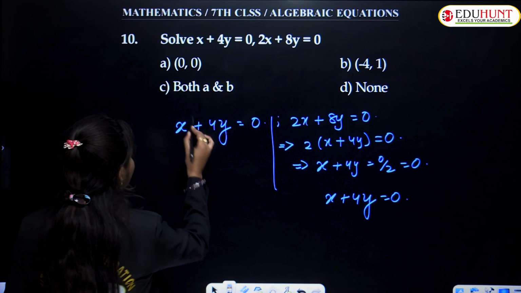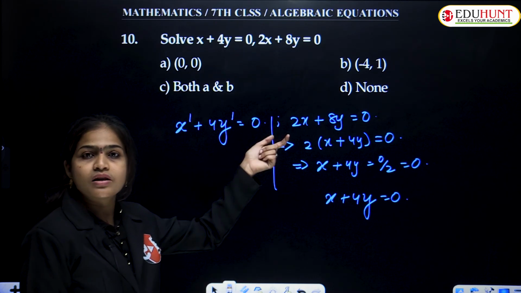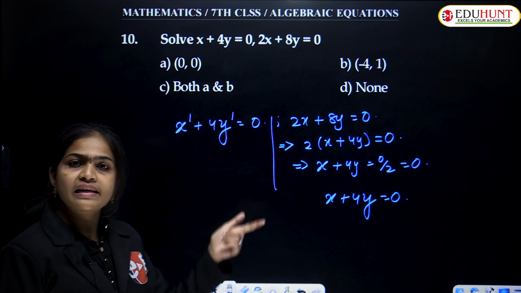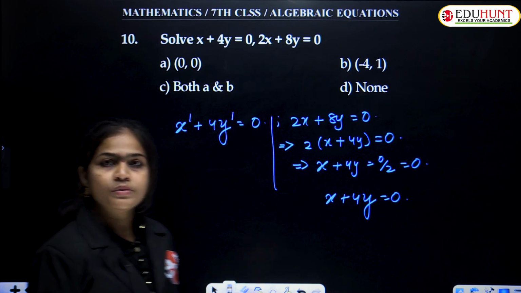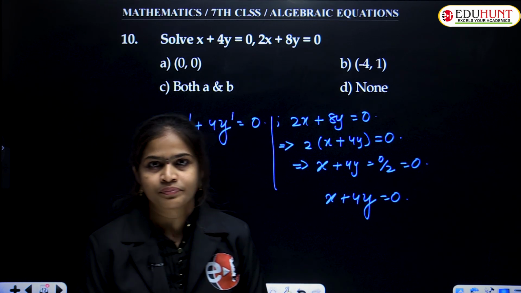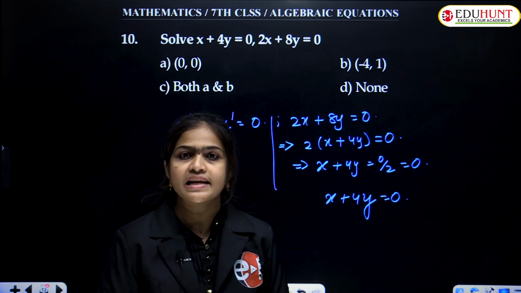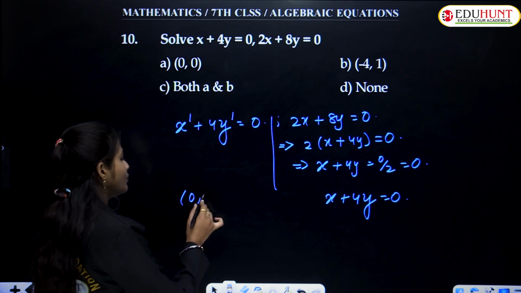Here the degree is 1 and here also the degree is 1, and the constant term is not there. So easily we can say that this is a homogeneous equation, and a homogeneous equation is satisfied only at the origin. That value satisfies only at the origin. So origin means 0 comma 0.